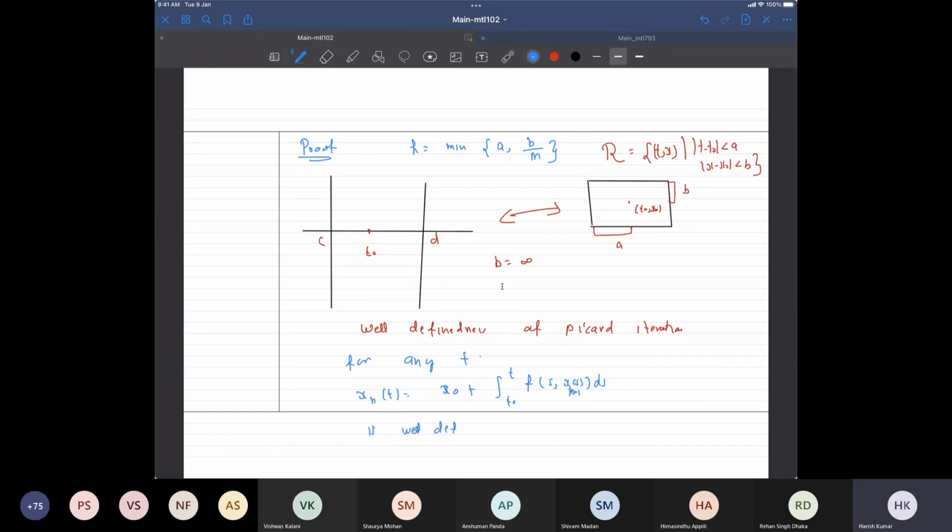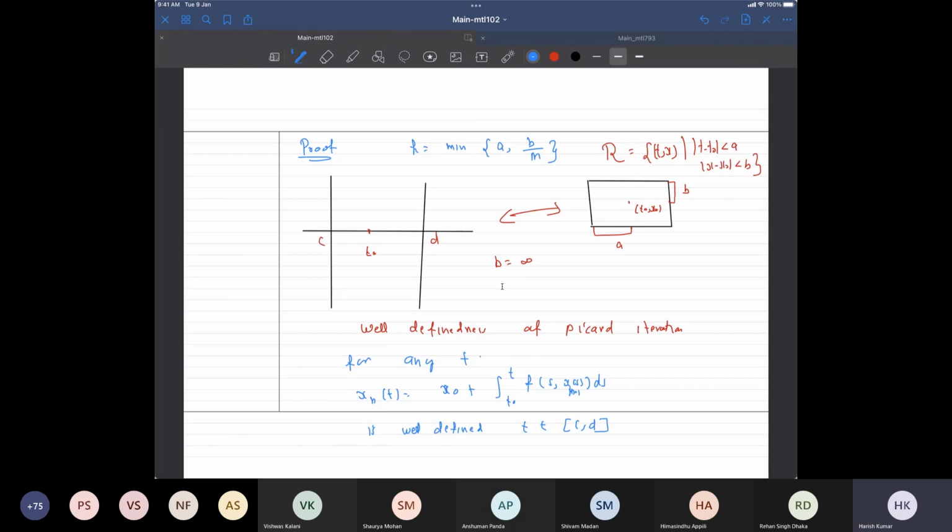That means it's finite for any t in [C, D]. Okay, and as you can check, it's exactly the same proof, because on [C, D] it's closed and f is a continuous function and bounded. Of course, I have to assume that it is bounded, and then that's it. That means the integral is well defined.